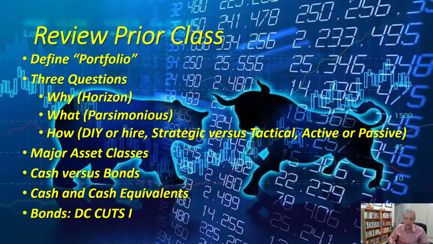So on convexity, the first C, we said there are bonds that have positive convexity and bonds that have negative convexity. For C, the second C, credit, you have high quality, medium quality, and below investment grade. U.S. versus non-U.S. So since you have U.S. and non-U.S., U.S. you can break up between developed and emerging. T, you have bonds that are taxable, which is most bonds, and you have tax-exempt bonds.